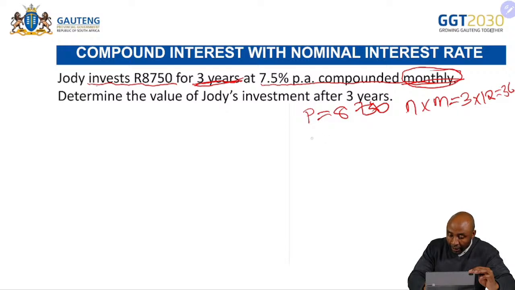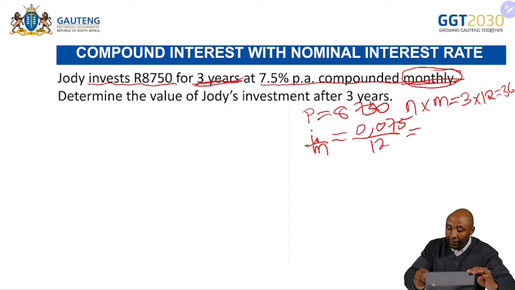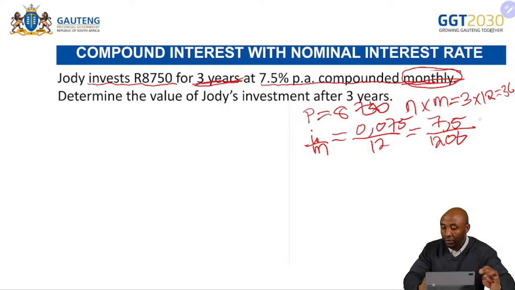Our I over M, that means our I, we can convert it and write it as 0.075 over 12, or alternatively, we can substitute it as 7.5 over 100 times 12. This will give us 1,200. You can punch this on your calculator. It will still give us the correct solution.